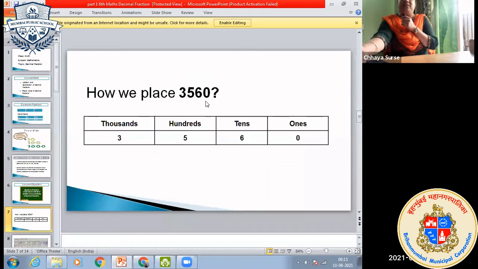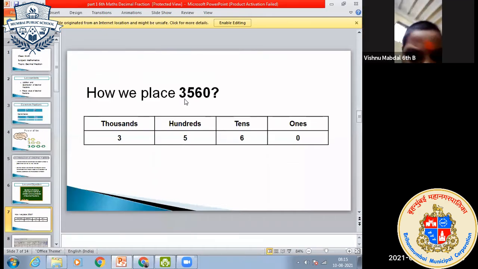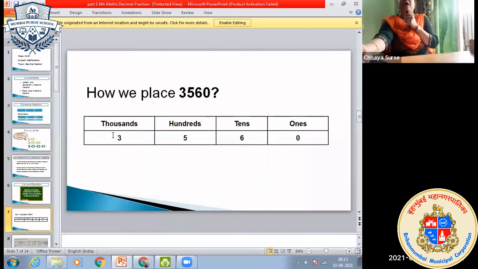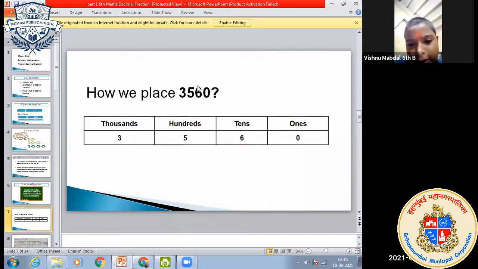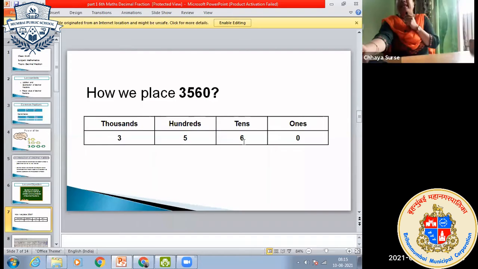You already learned this, place value and face value. Now this number, 3 is on which place? Thousands place. Very good. And 5 is on which place? Hundreds place. The 6 is on the tens place and 0 on the ones place.